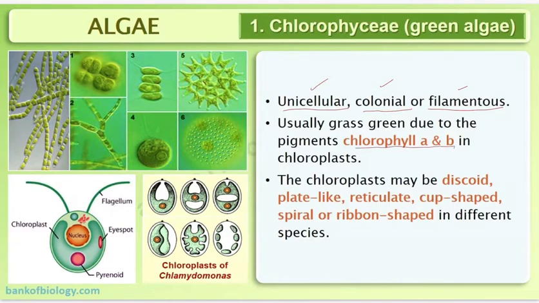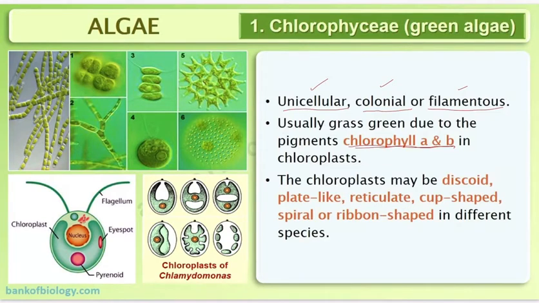They are filamentous in nature, usually grass green due to the pigments chlorophyll A and chlorophyll B. So the presence of chlorophyll A and chlorophyll B in their chloroplasts makes Chlorophyceae green algae. You must remember this: why is green algae green in color? Your answer should be the presence of chlorophyll A and B in their chloroplasts.